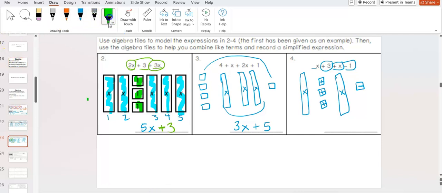If you remember from the beginning of the year, a positive and a negative make 0. Okay, which means that they cancel each other out. It would be like if I did 3 minus 1, if I put those two things together. That makes just 2. So if I put my x's together, I get 2x. And if I get rid of one of my units, because I have a positive and a negative, I'm left with 2 units.